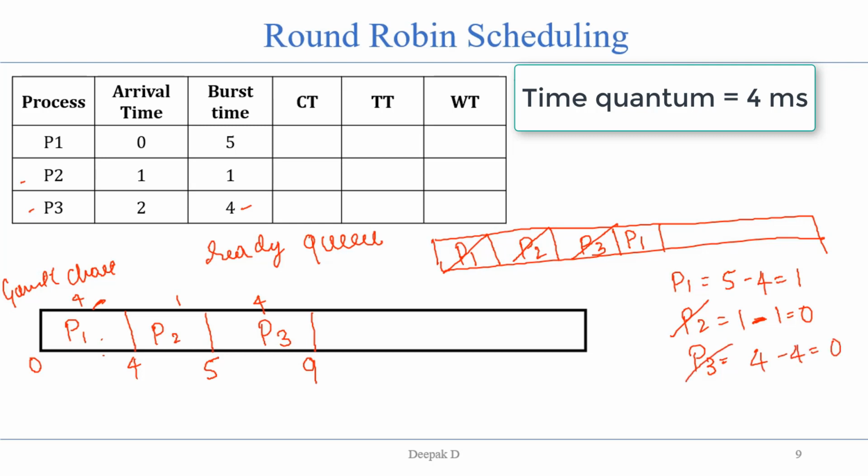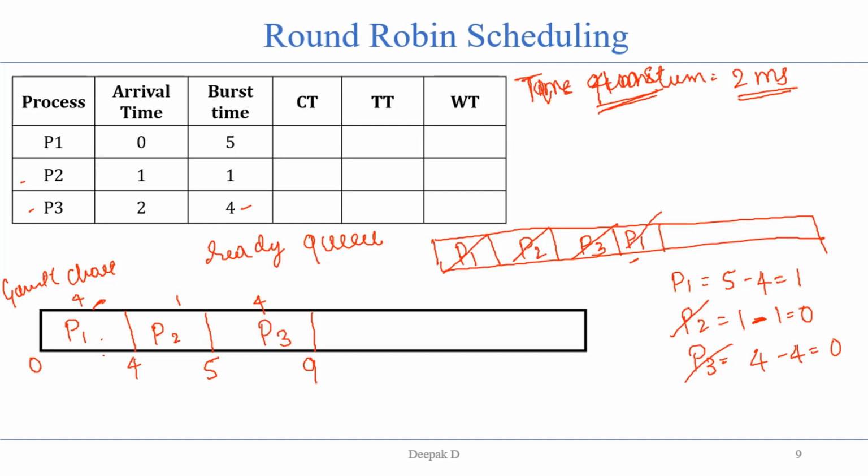The only process remaining, which is waiting in the ready queue, is P1. So I picked it and executed it for how many seconds? Only for 1 second. So P1 is executed for 1 second.